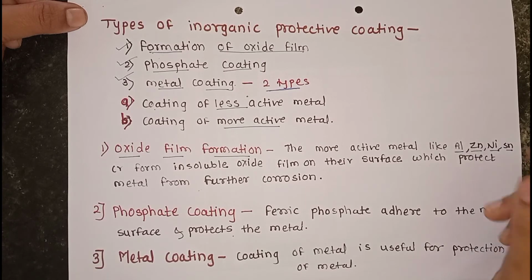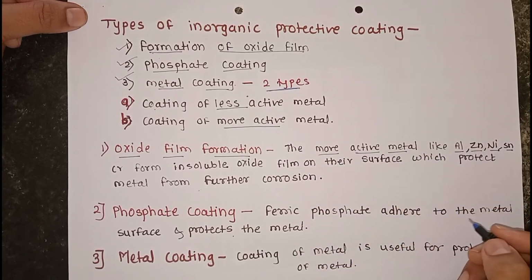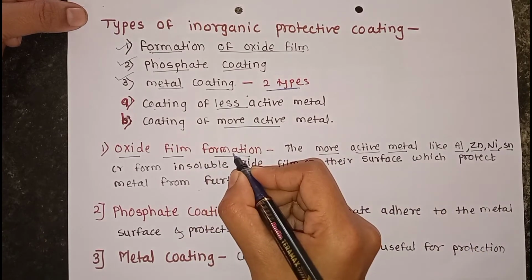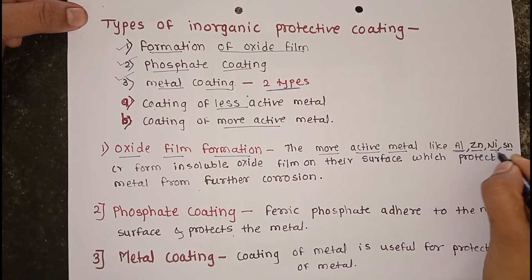They are present at the top of the electrochemical series, so they act as more active metals, and the noble metals are present at the bottom of the electrochemical series, so those act as less active metals. So in oxide film formation we take more active metals like aluminum, zinc, nickel, tin or chromium to form an insoluble oxide film on the surface of the metal.